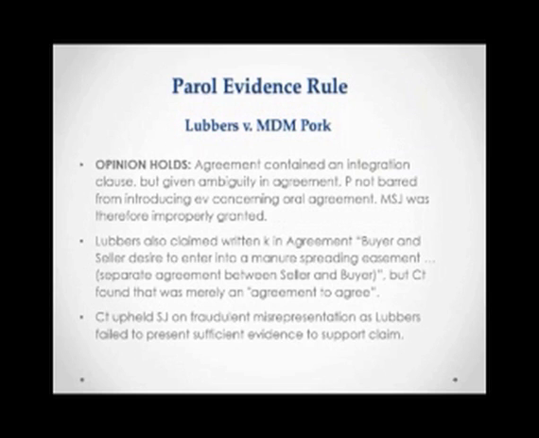So here the court held that there was ambiguity in the agreement, and that's really what you have to argue if you're trying to introduce other evidence, that there's some ambiguity. And here, it seemed pretty minimal what the ambiguity was, but there was some language referencing this manure easement, and so the court found that the summary judgment ruling should be reversed.